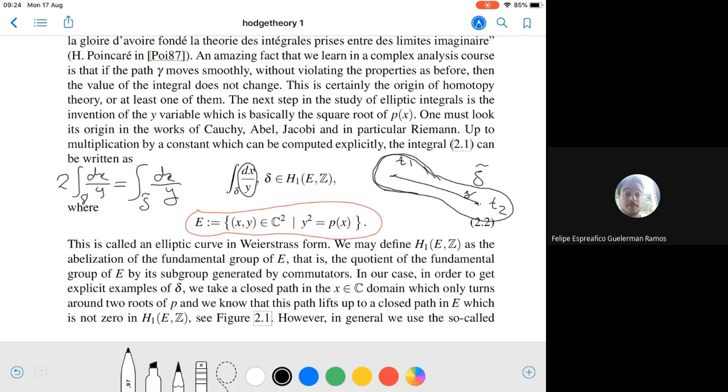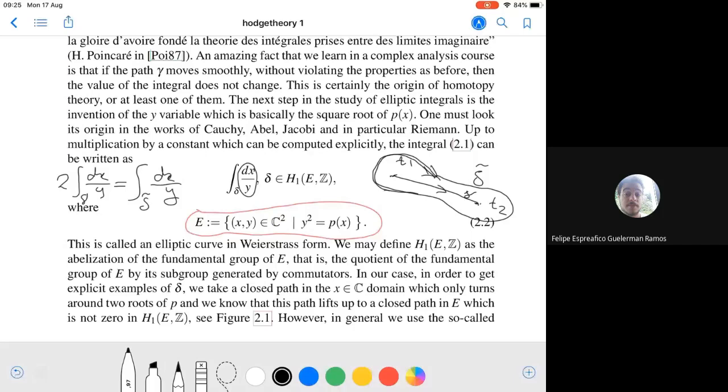And the reason is very simple. First of all, our paths are oriented, from T1 to T2.